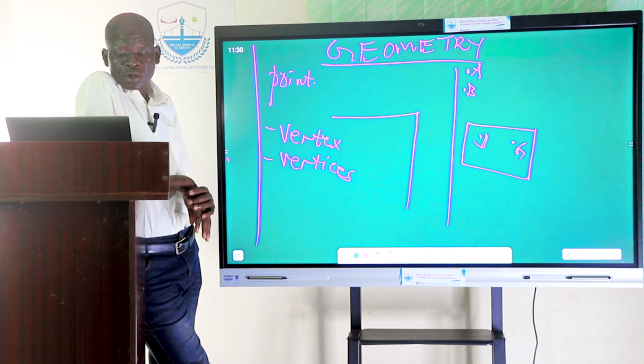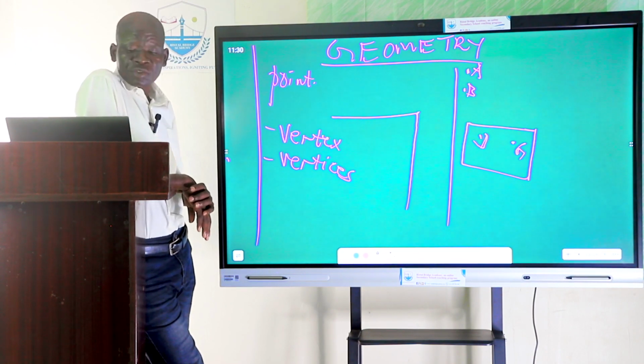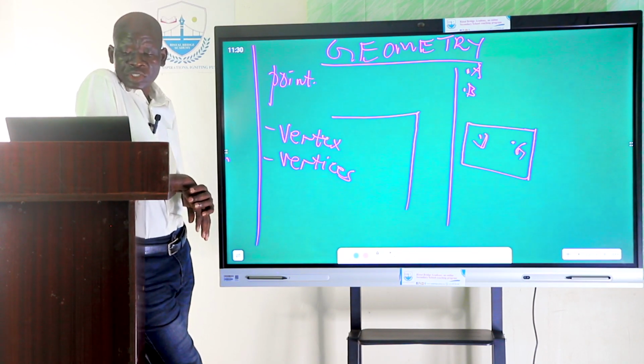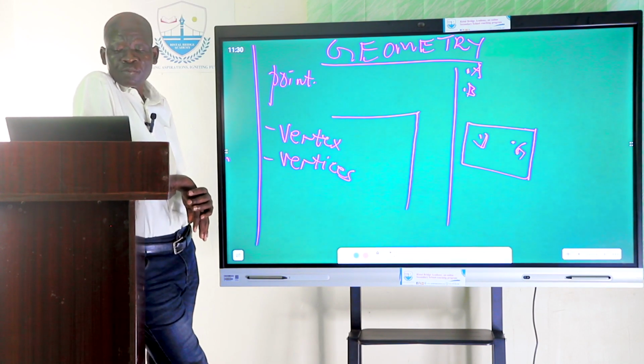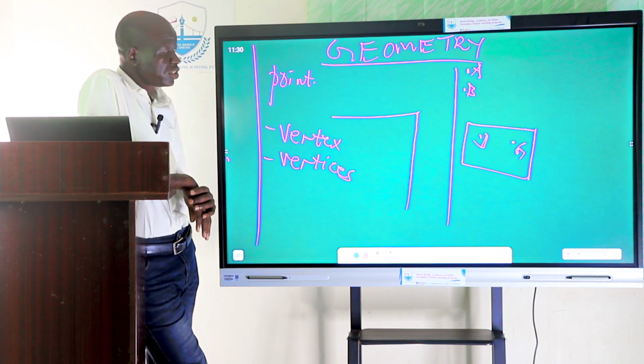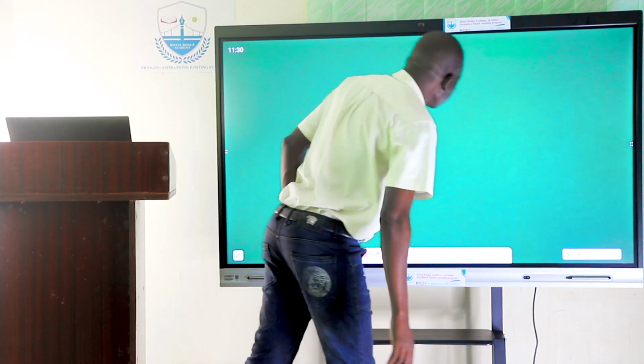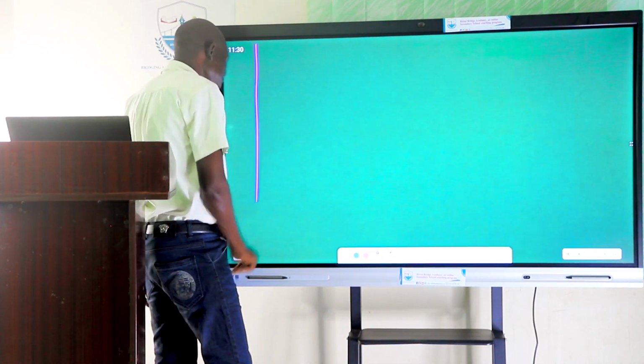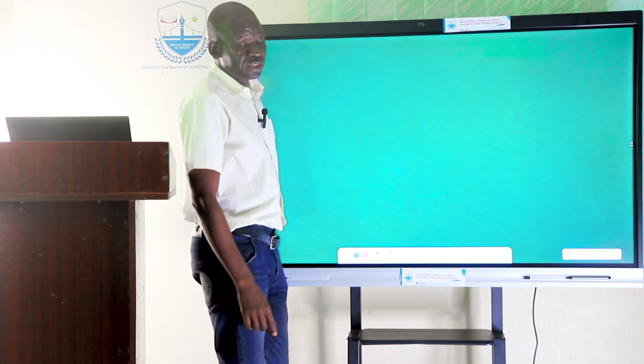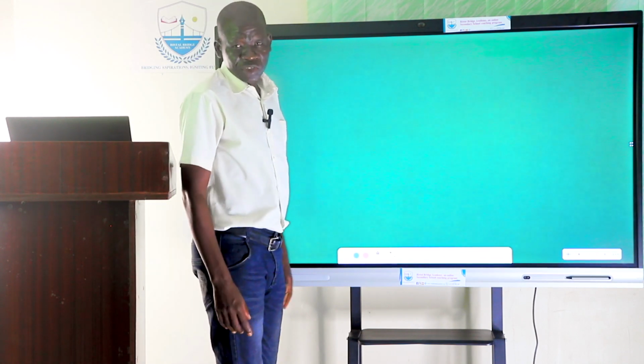The figure below simply consists of 4 points, which have been labeled A, B, C, and D. So we are saying a figure simply consists of points that one is interested in.